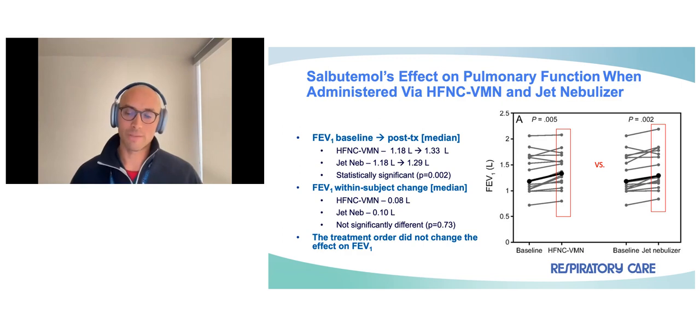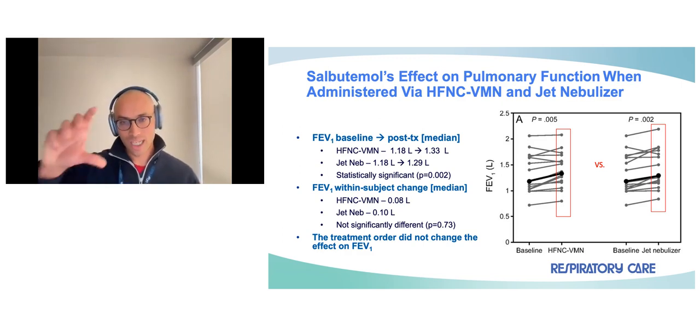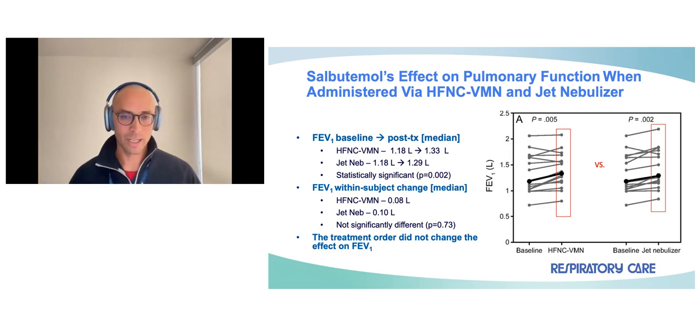The jet nebulizer subjects, from the baseline of 1.18 liters, increased to 1.29. So you can see those two FEV1s are very similar. The p-value of the measure suggests that those two are significantly different. And so from this, we can say that these are not inferior.